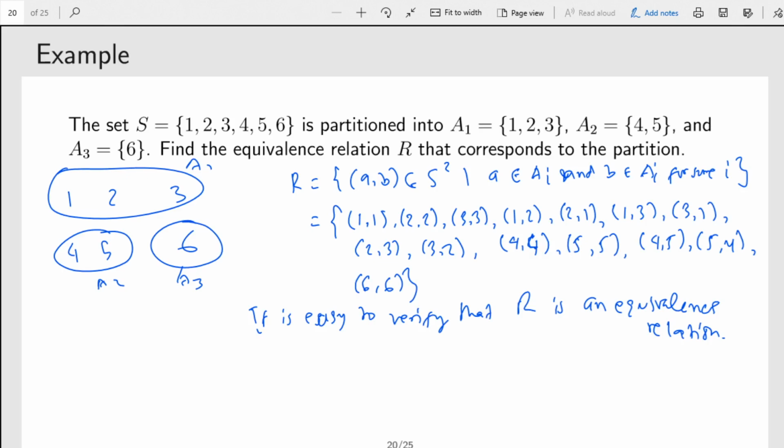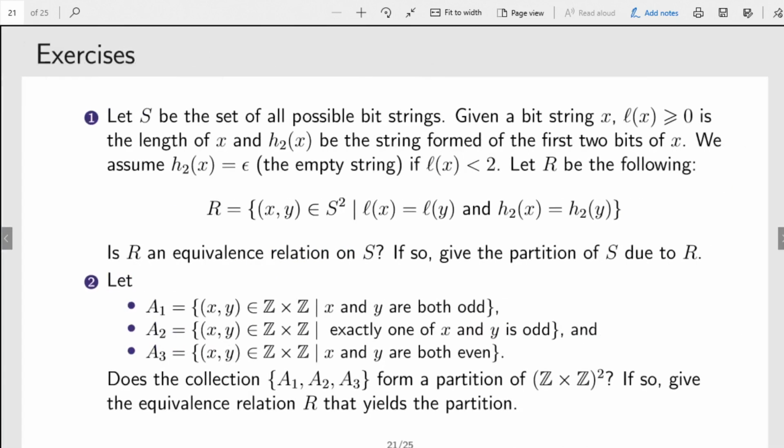Now we shall end this with two exercises.